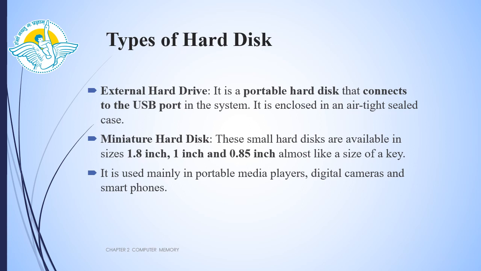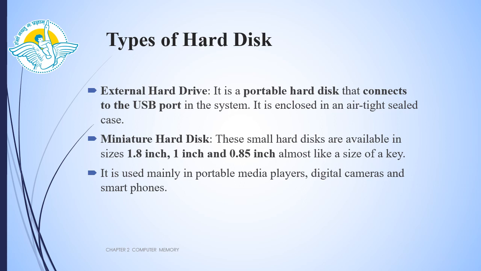Apart from the fixed or internal hard disk, the other two types of hard disks are external hard drive and miniature hard drive. The external hard drive is a portable hard disk that connects to the USB port in the system. It is enclosed in an airtight sealed case. The next type is miniature hard drive or hard disk.